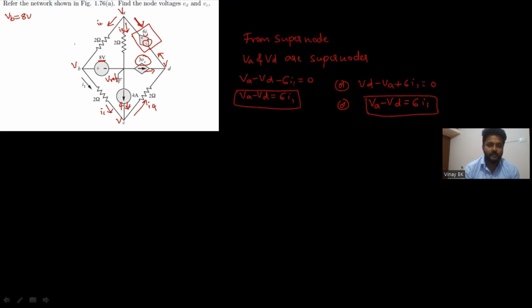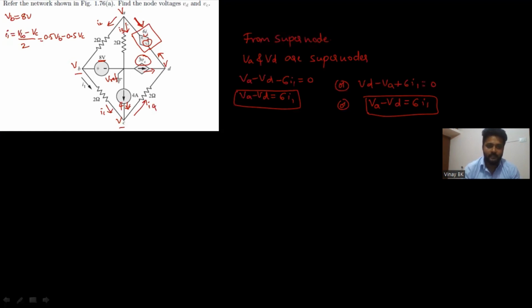Now we write what I1 is. I1 is flowing from VB to VC, so I1 is nothing but VB minus VC divided by 2. That is 0.5 VB minus 0.5 VC.